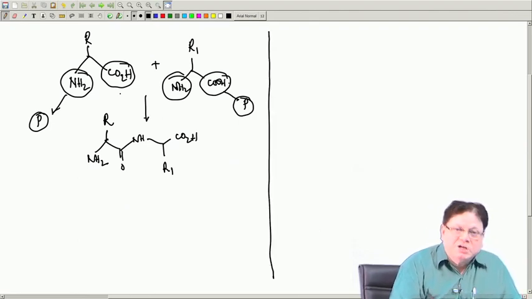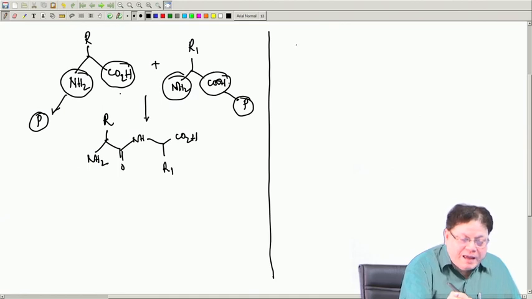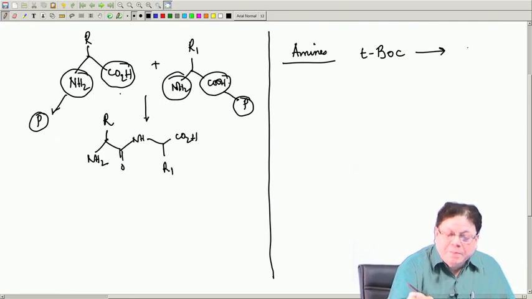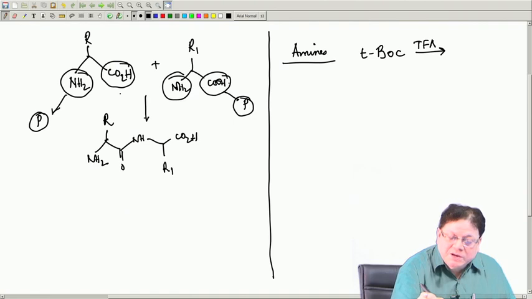We have introduced last time the types of protection. For amines, I introduced two groups. One is called tert-butyloxycarbonyl, BOC, which is cleavable under acid conditions like TFA, trifluoroacetic acid, or HF.